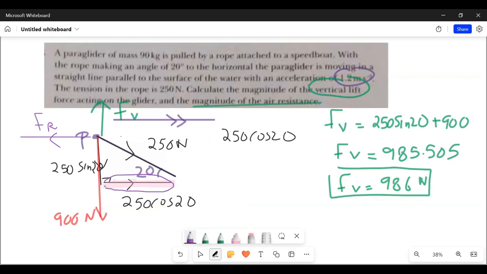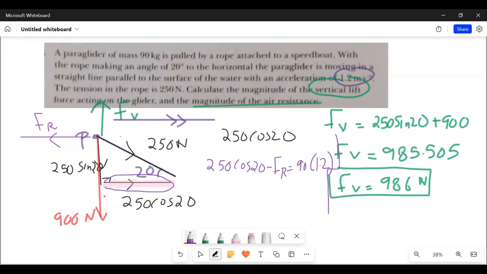So we're going to use forward force minus backward force equals MA because there's motion in the horizontal direction. So forward force is 250 cos 20 minus backward force, the frictional force, equals MA. M is 90 and A is 1.2. Solve this equation to get the force of air resistance, FR.